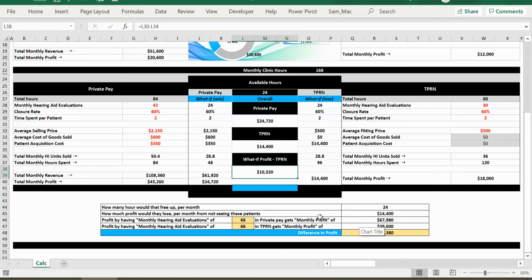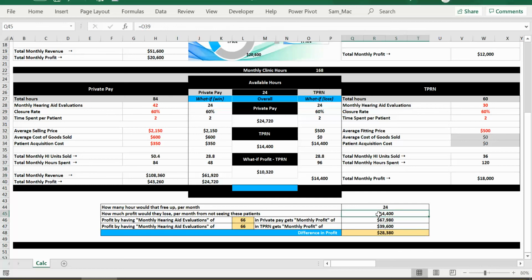Now, going back to the questions that you had: how many hours would that free up? Obviously, that will free up 24. And if you're not seeing that patient in TPR, obviously you'll be losing $14,000.